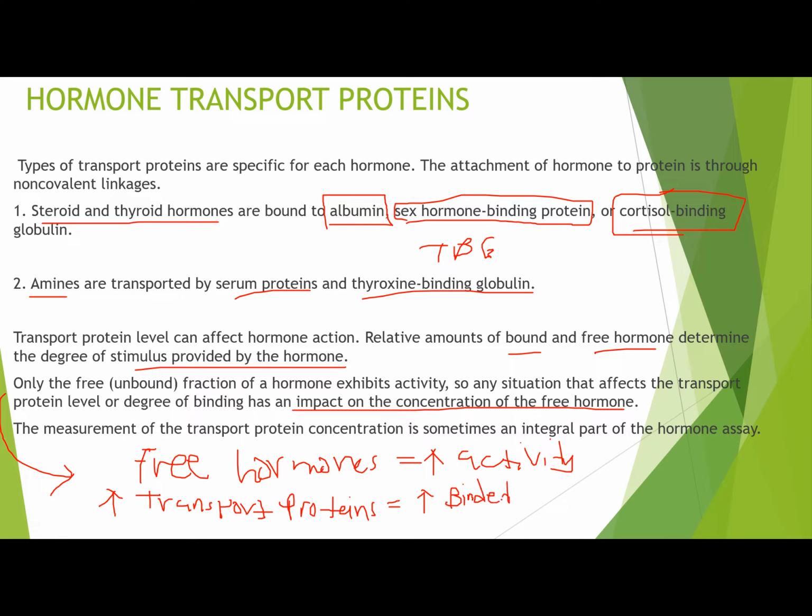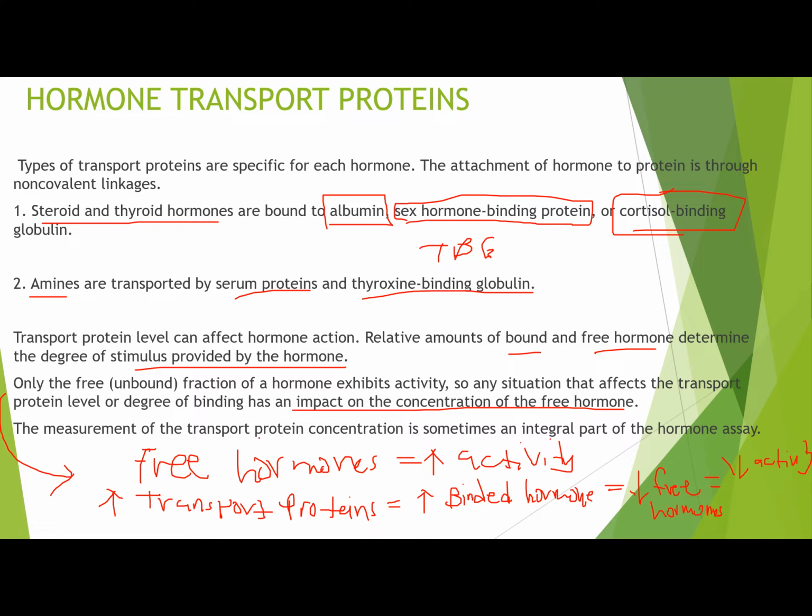And when you have increased bound hormone, with many bound to the transport proteins, it would cause decreased free hormones. So you have fewer free hormones, and when you have fewer free hormones, activity decreases. And that can affect our body.